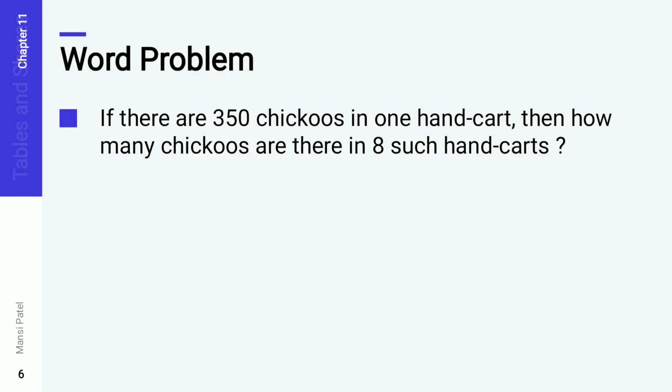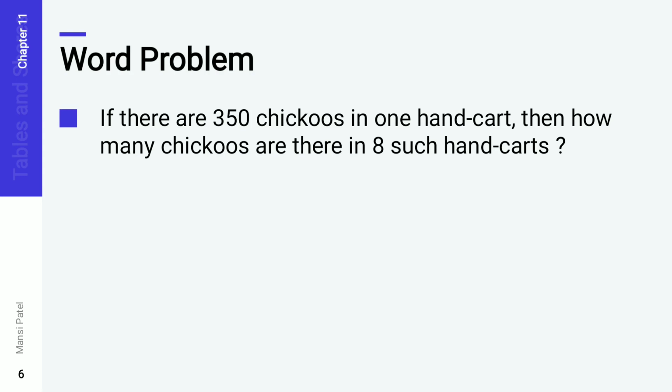Let us see the next one. If there are 350 chikkus in a one hand cart, here they were given that in one hand cart there are 350 chikkus.